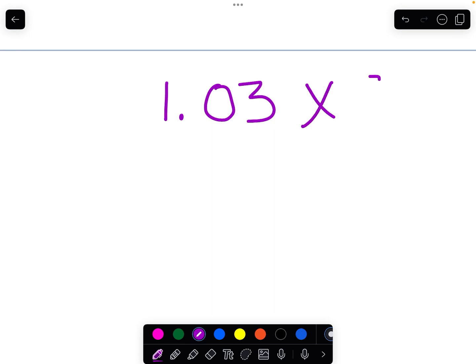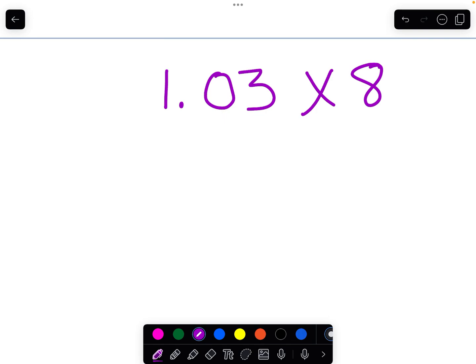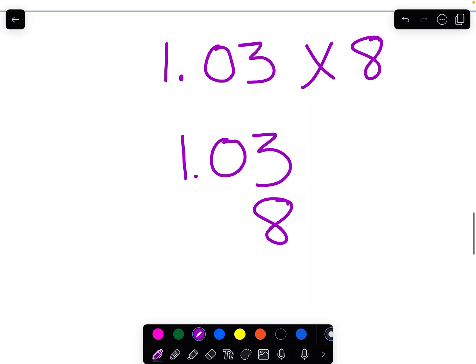Let's do times 8. 1.03 times 8. How would I set this problem up? Well, if you thought to yourself to set it up like this, assuming you're doing the standard algorithm multiplication, you would be correct.